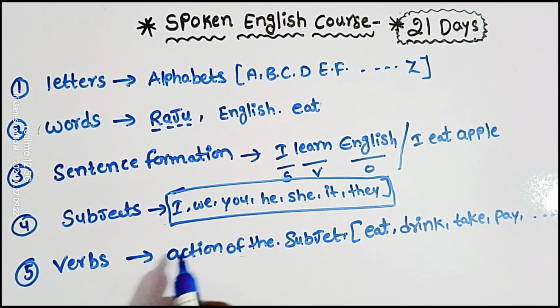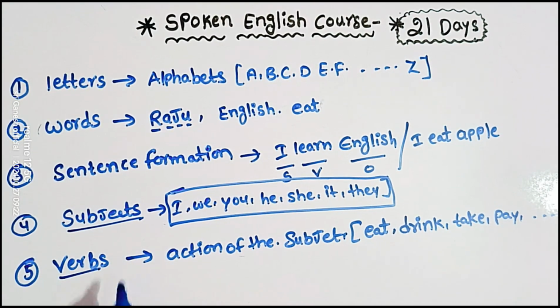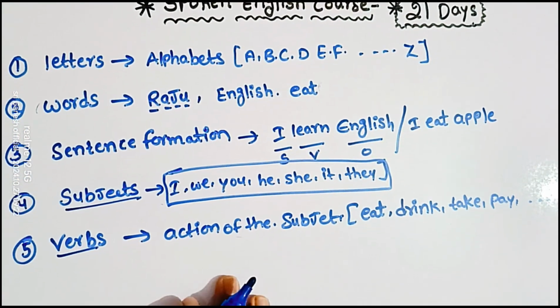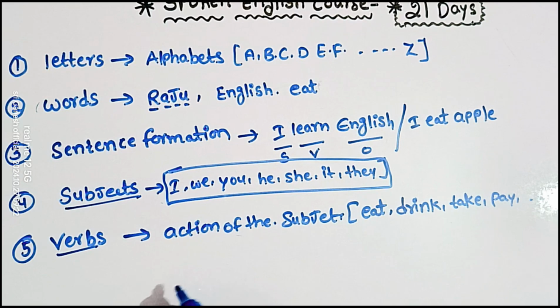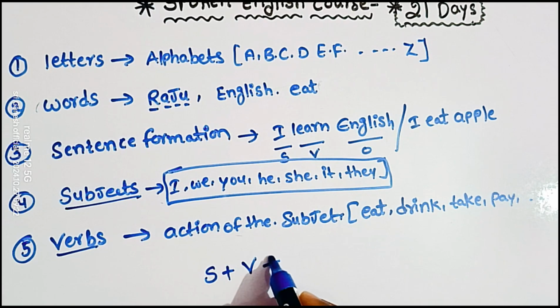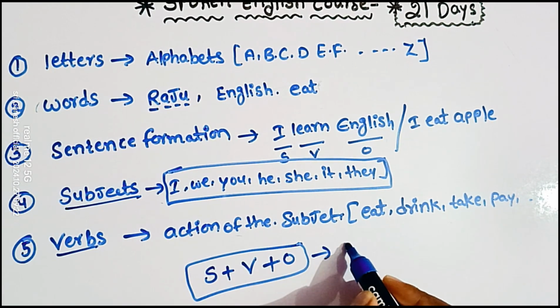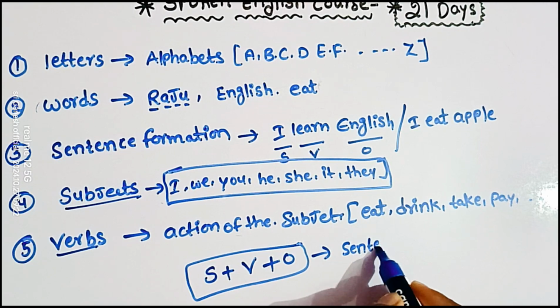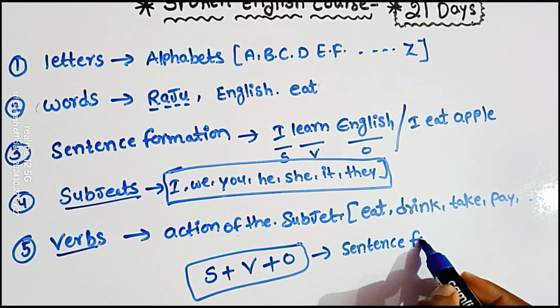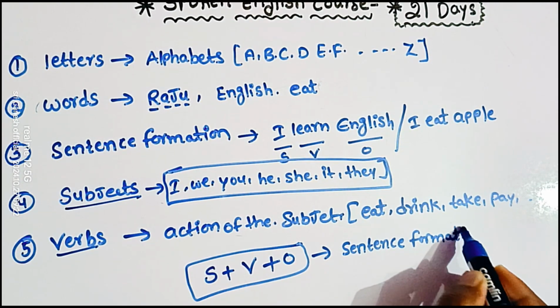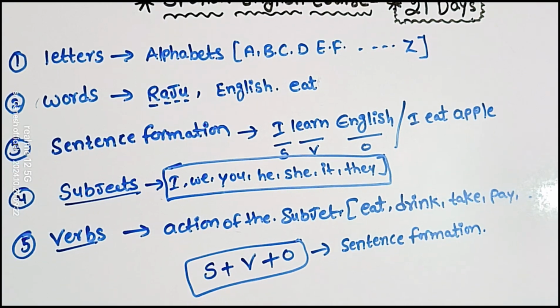Sentence formation means subject, verb, object. This is called sentence formation.